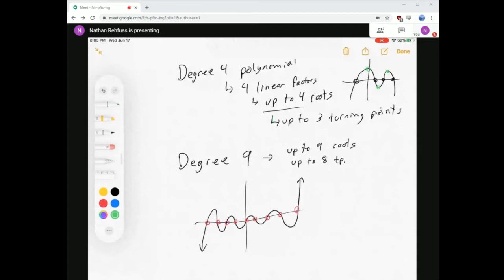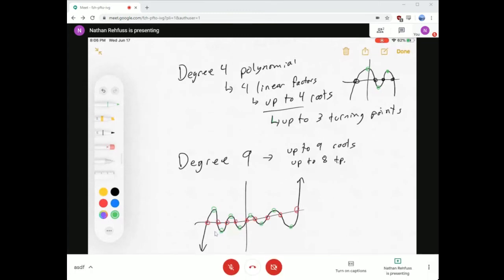And between them are turning points. 1, 2, 3, and 4. 8 turning points. Now it doesn't have to look like that. Sometimes it's missing roots and sometimes the turning points are on different sides, but if you know the degree, then the number of roots is the same as the degree or less, and the number of turning points is 1 less than the degree or less.